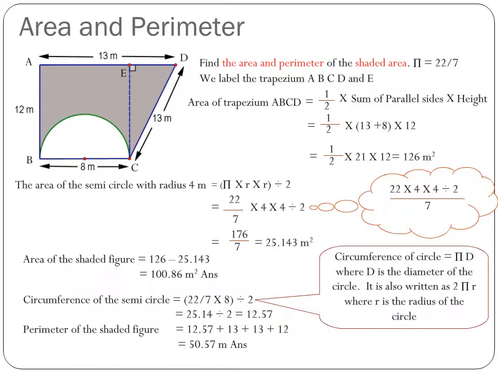It shows that I write clearly the numerator and the denominator. So on the numerator, I get 22 times 4 times 4 divided by 2. In the denominator, I get 7. And I look at this expression, and I discovered that I don't have a common factor between the numerator and the denominator.